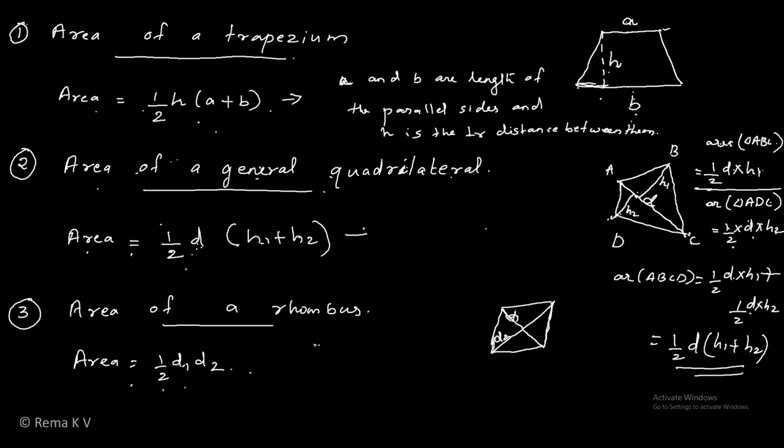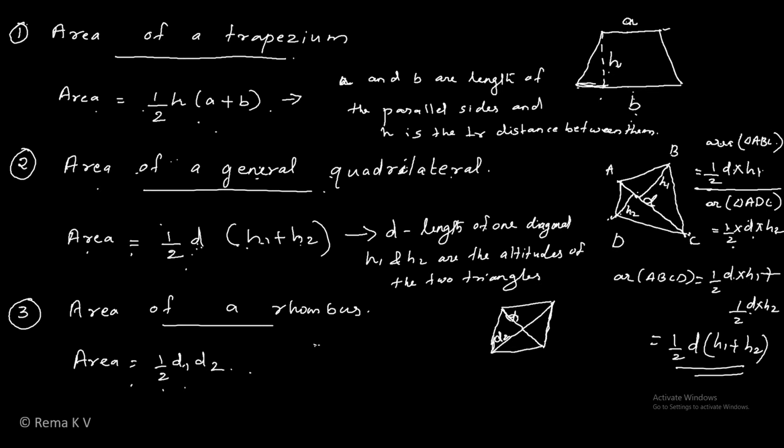In this, D is the length of one diagonal, and H1 and H2 are the altitudes of the two triangles to this diagonal.